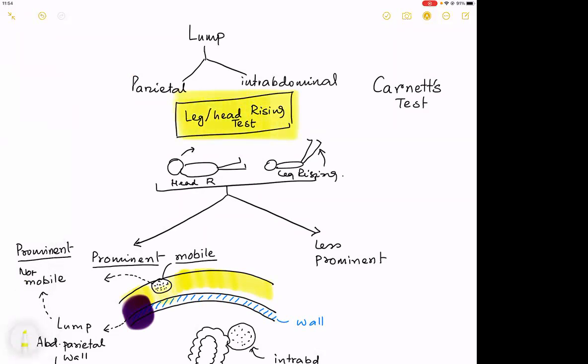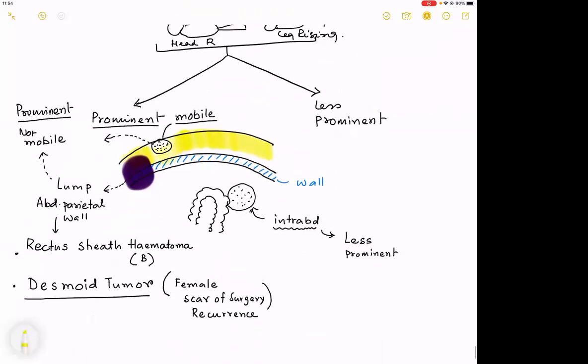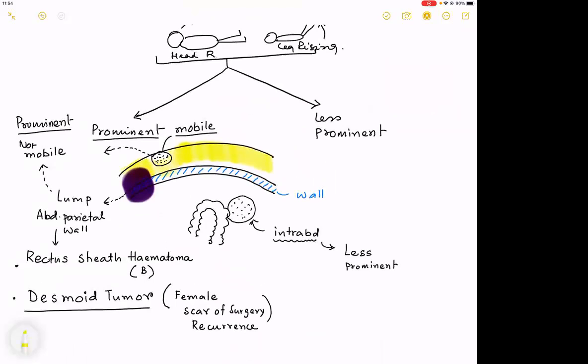Leg rising. It is called the leg rising or head rising test. The other name for this test in exam, which is not correct, is Carnett's test. This is not exactly Carnett's test, but still in MBBS it is accepted. What is the finding if it is an intra-abdominal lump? Less prominent and not mobile. Very good. And what is the finding if it is a parietal lump?